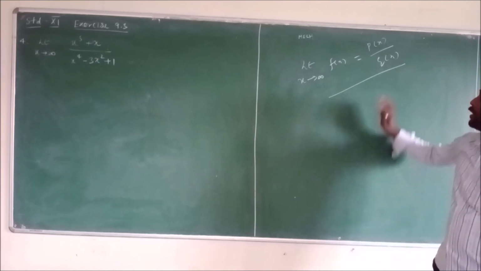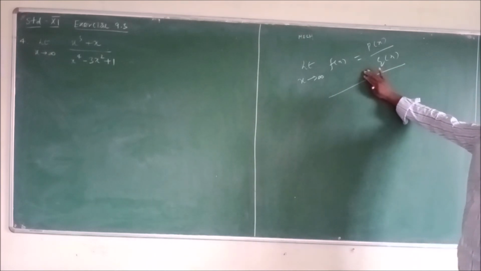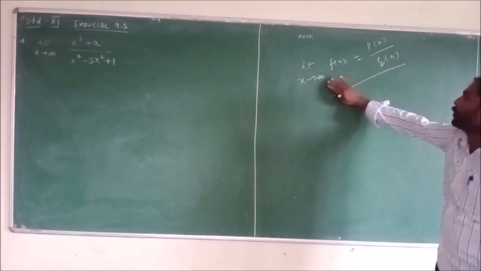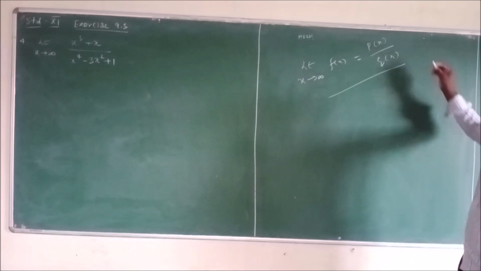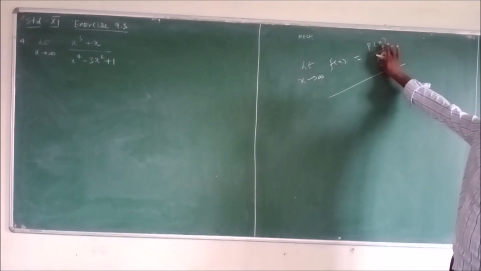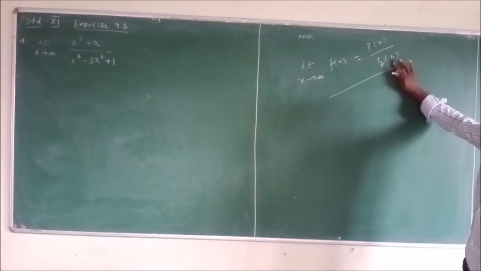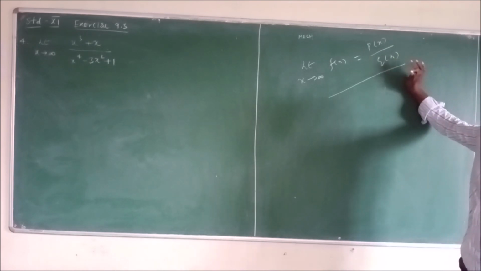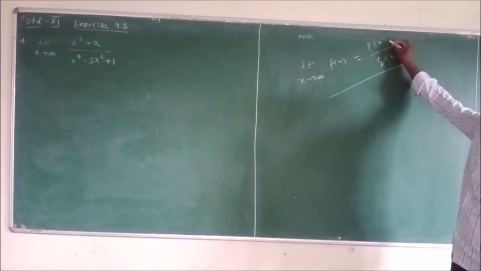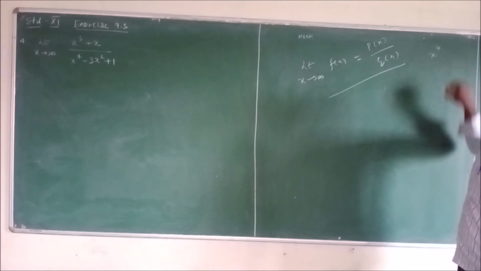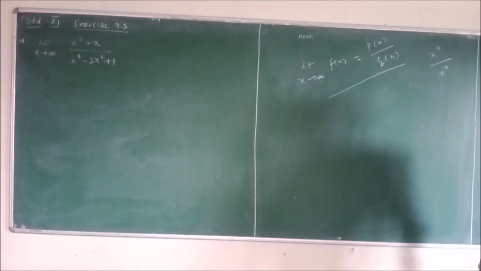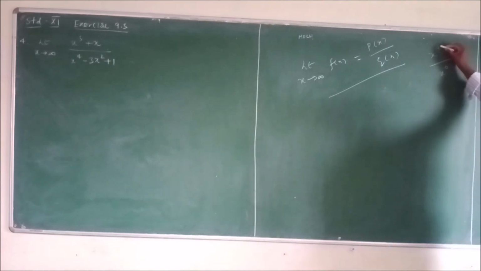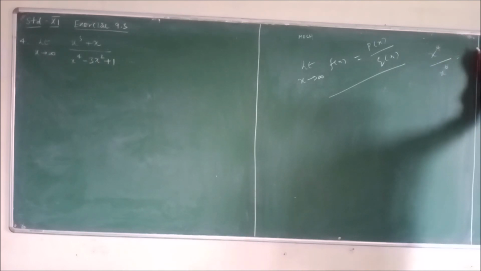To find this type of limit, clearly understand the basic concept: check the degree of the numerator and the degree of the denominator. For example, if the degree of the numerator is x power 4 and the degree of the denominator q is x power 6, then x power 4 and x power 6 cancel, and the remaining term is 1 by x square.